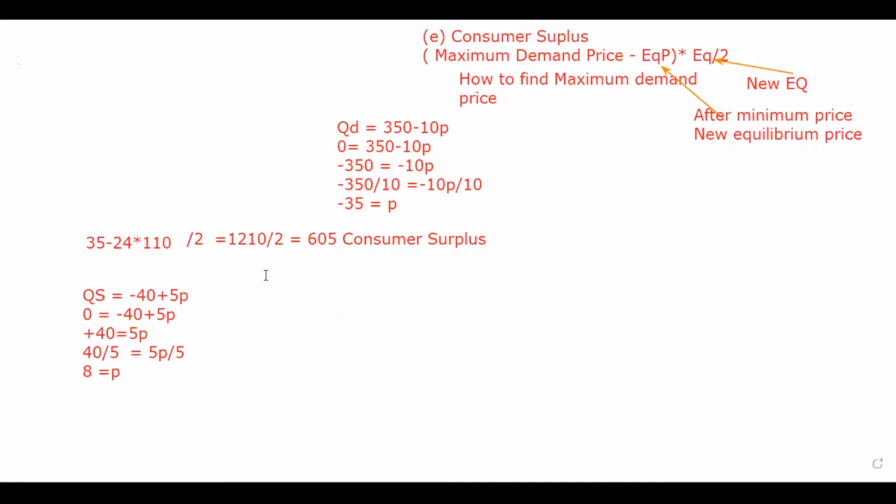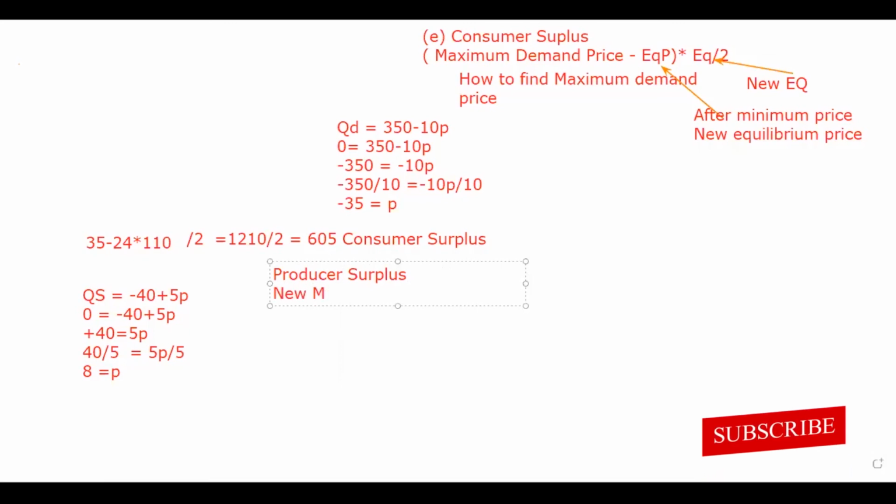What is the formula of producer surplus? So let me teach you the formula for producer surplus. How do you take it? You take the new market price. So I'll write here the new market price. Normally they will say equilibrium price, but here you have the new market price. So the new equilibrium price minus the minimum price, into the equilibrium quantity.